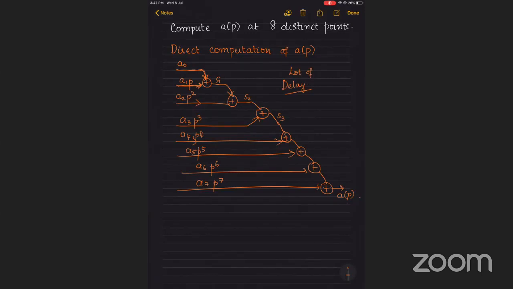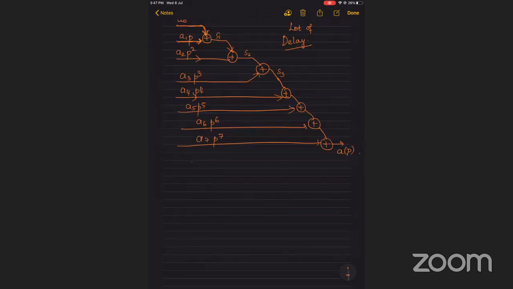This is painful. And suppose some crazy guy like me says, compute A of P at P equal to 7,927. Oh, that is a deadly number. I can do A0 plus A1P, P square is also fine.